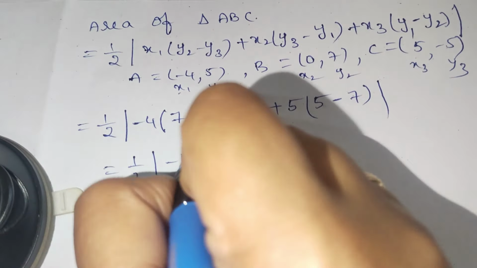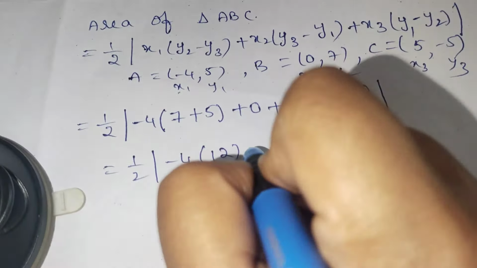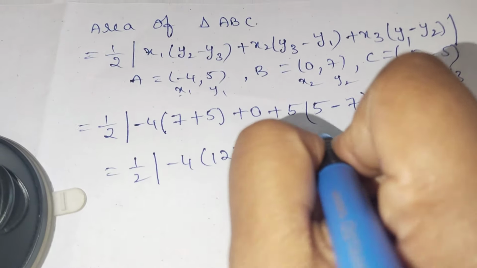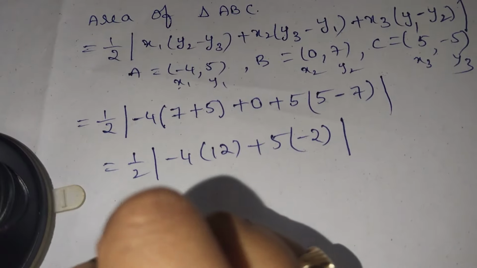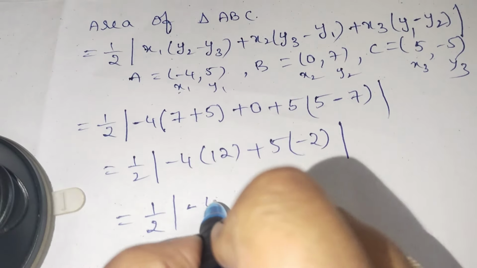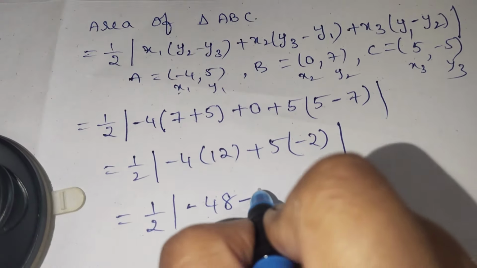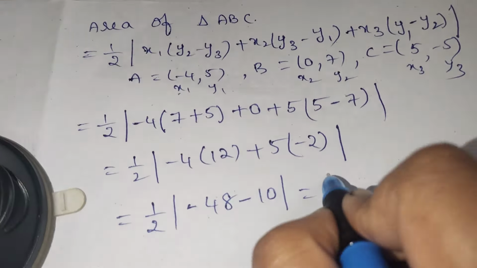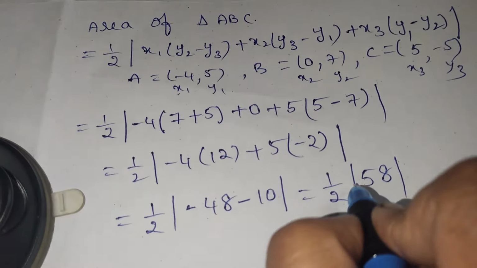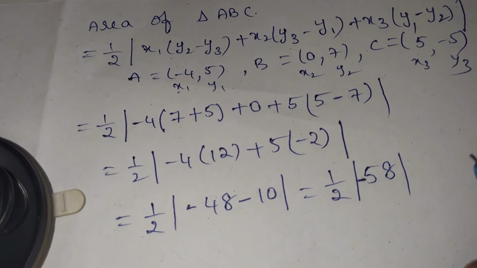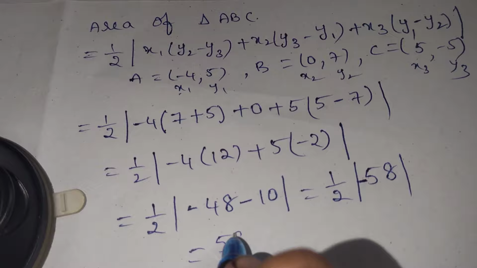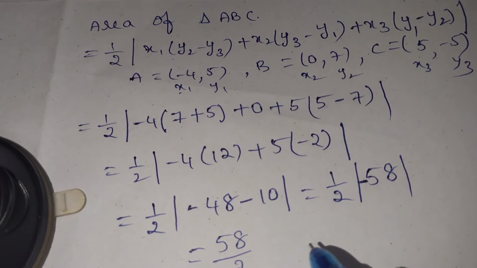Minus 4 into 12 plus 5 into 5 minus 7, that is minus 2. So 1 by 2, 12 4s are 48, minus 48, minus 5 2s are 10. So it is 1 by 2 mod minus 58. After removing the mod it becomes plus 58. So 58 by 2 square units.